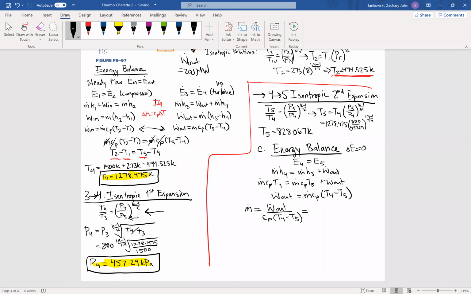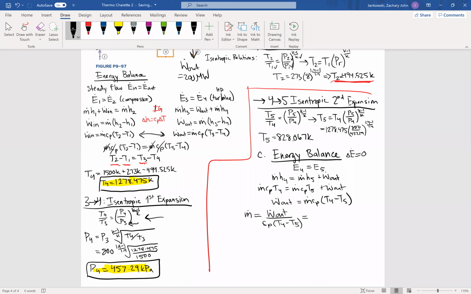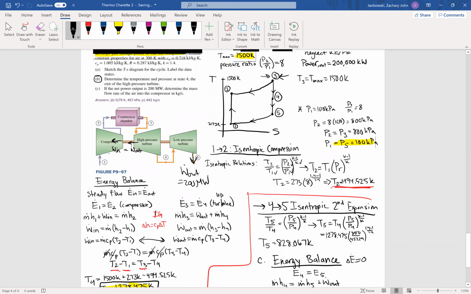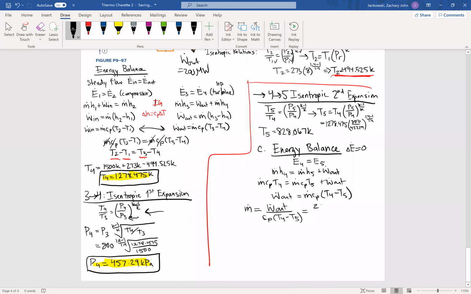Now noting that we're given our power in megawatts and we defined it in kilowatts up in our assumptions as 200,000 kilowatts, we get our 200,000 power in kilowatts over our Cp of 1.005 kilojoules per kilogram Kelvin times our T4 of 1278.475 minus our T5 that we calculated up here of 828.067 Kelvin.